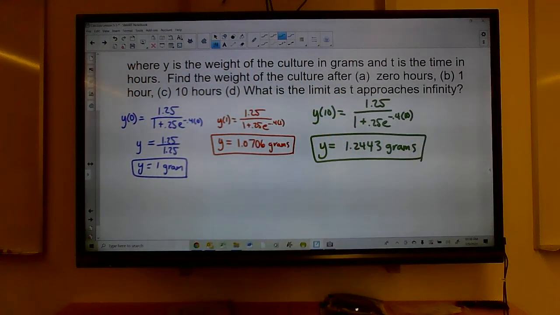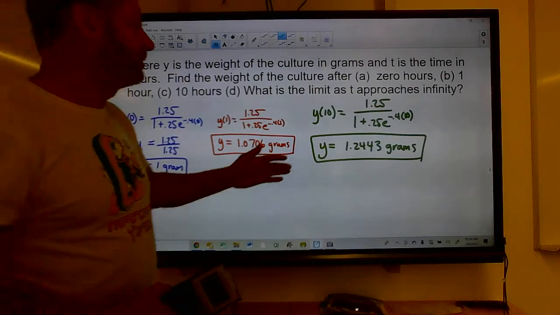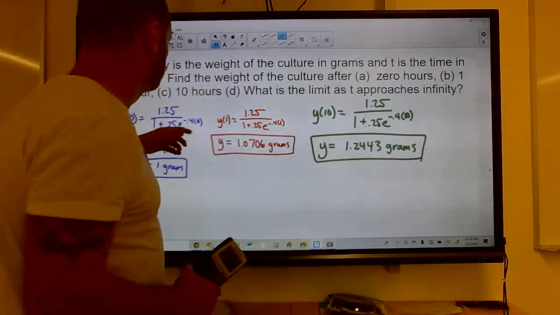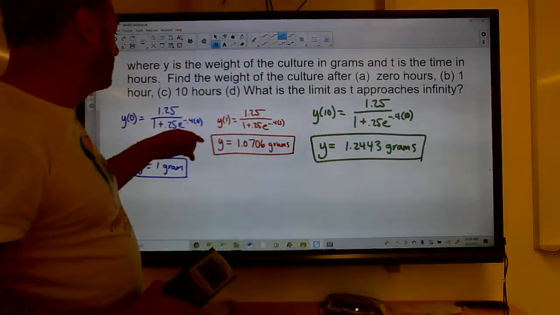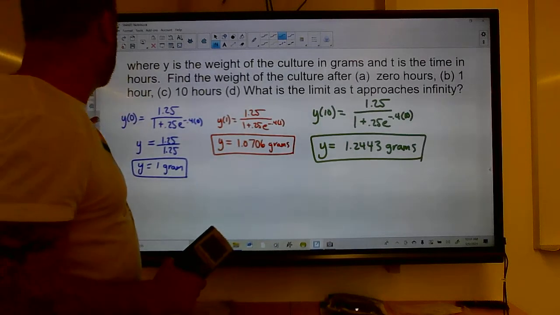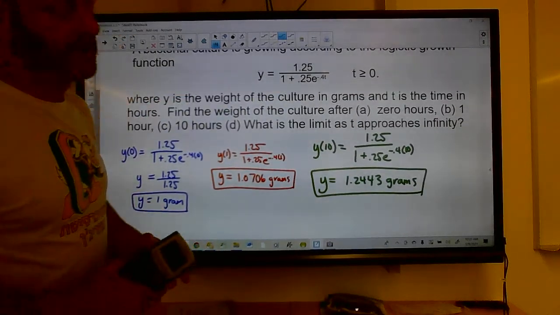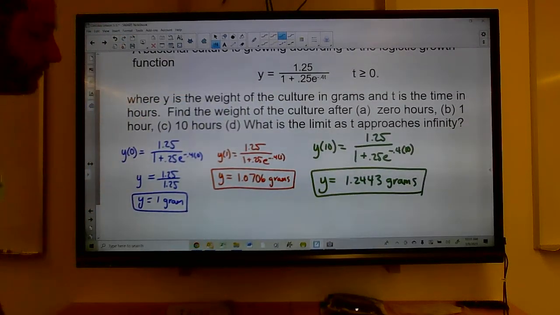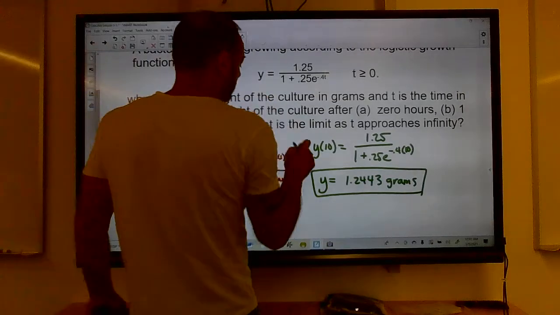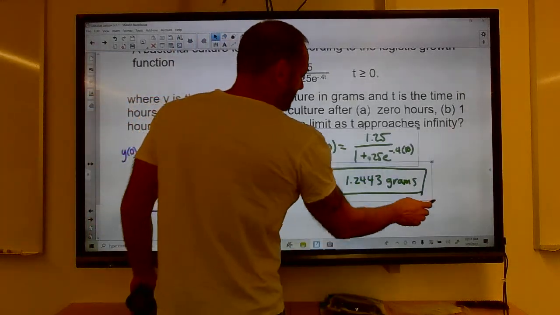Okay, what is the limit as t approaches infinity? So what you could do is you could plug this equation right here into your graphing calculator, and you could make a table and see where that goes.